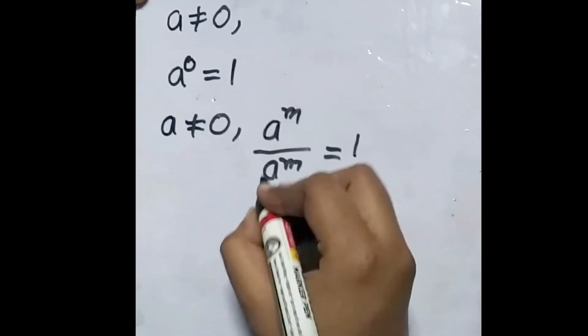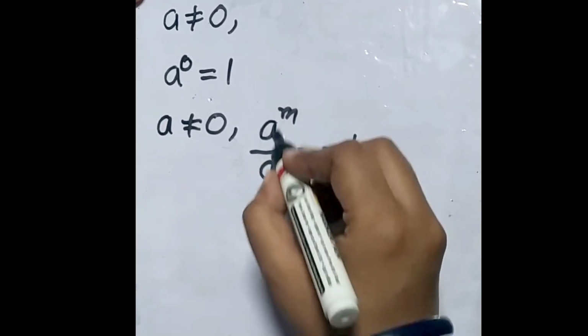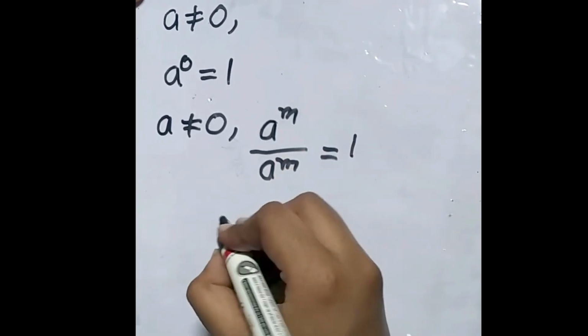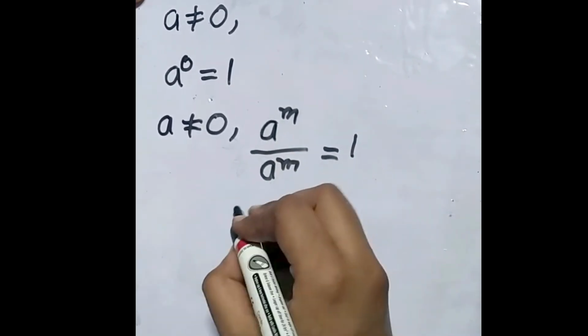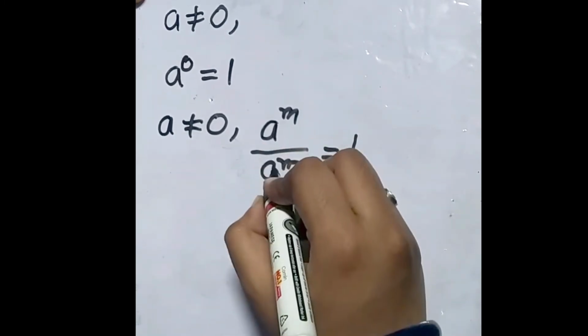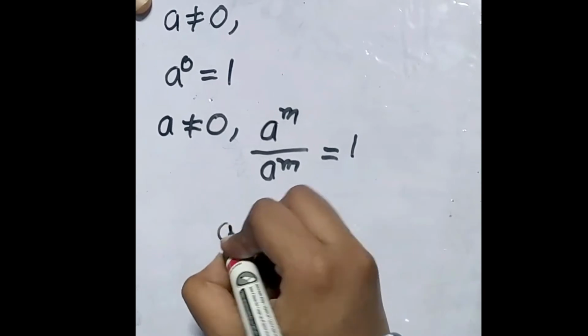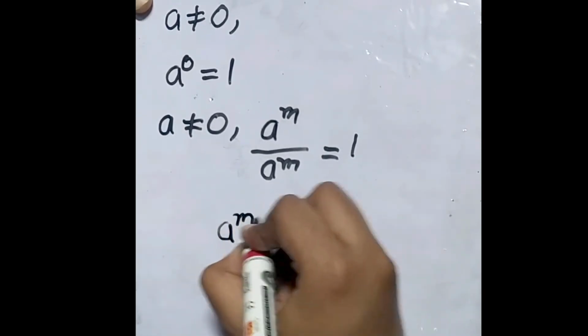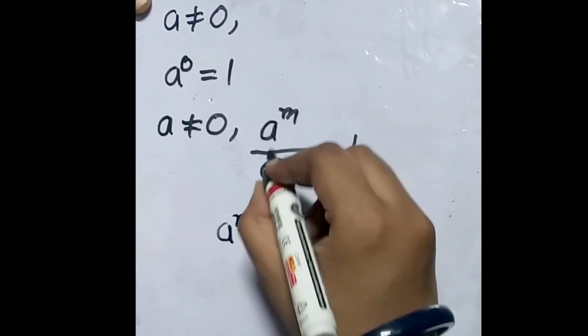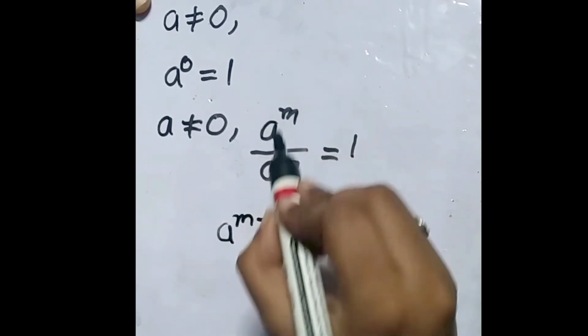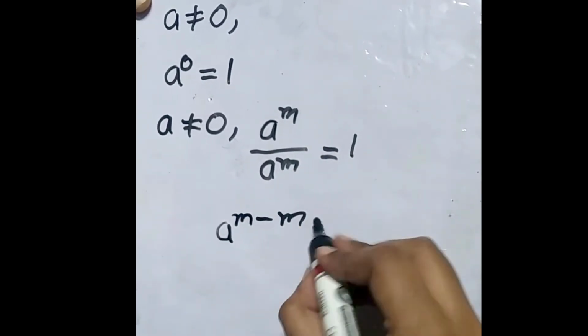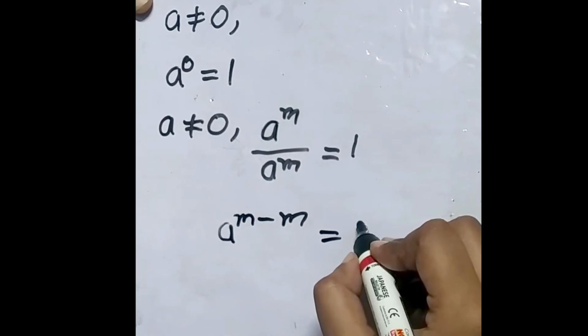Next, we will use the second law for the left hand side. A raised to m upon A raised to m: both bases are the same, so by using the second law we will get A raised to m minus m, the index of the numerator minus the index of the denominator, equal to what is on the right hand side, 1.